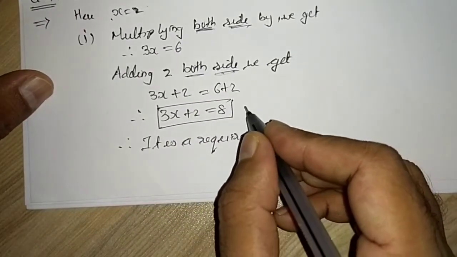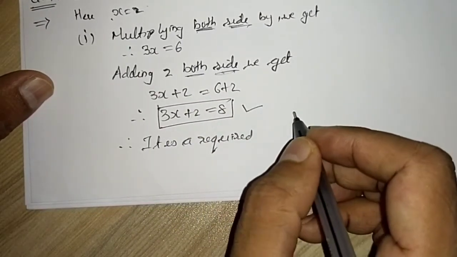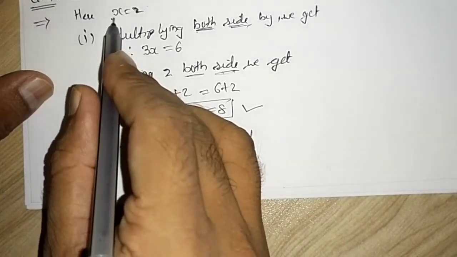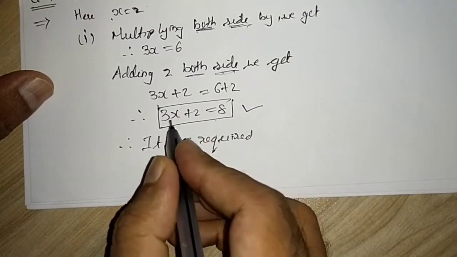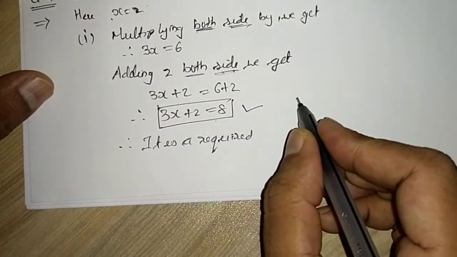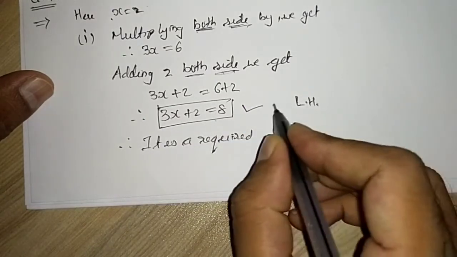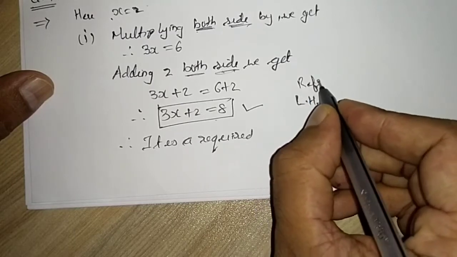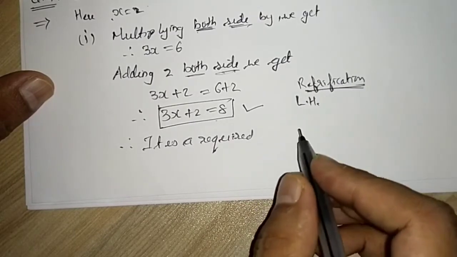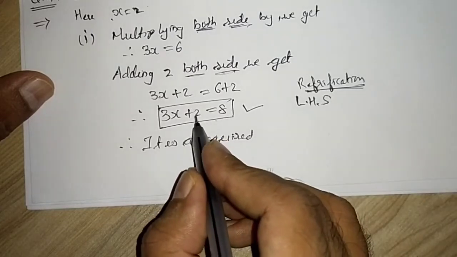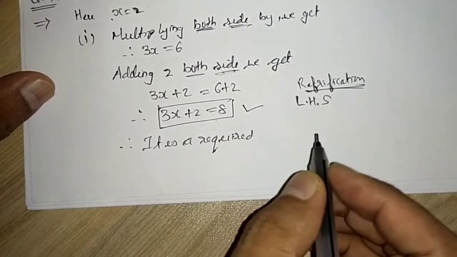Now we have got this equation, but does it give us the solution x is equal to 2? Let us see. We will put x is equal to 2 in LHS. This is the verification step, students, so that you can understand the equation which we got is the right equation.